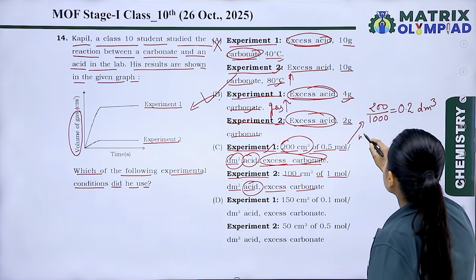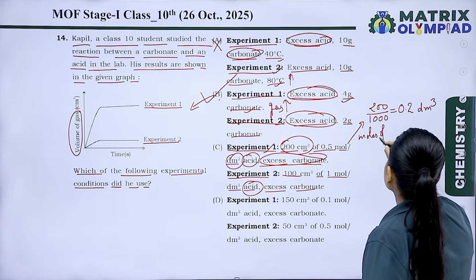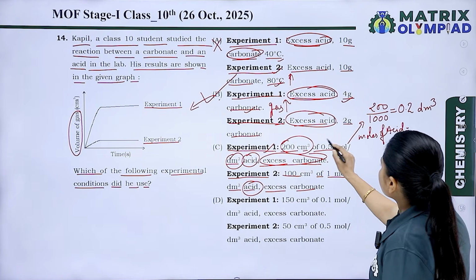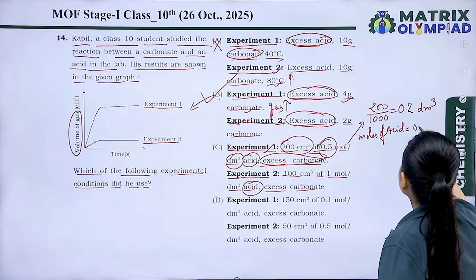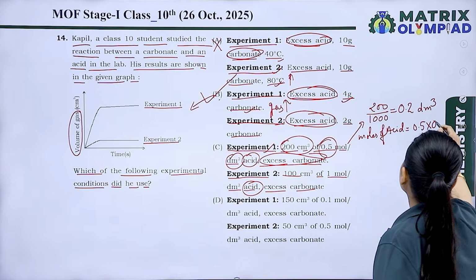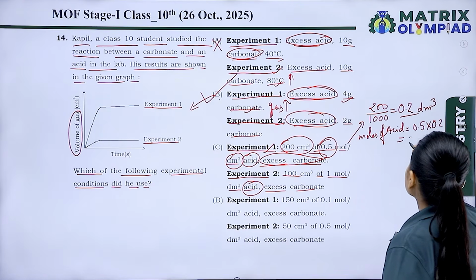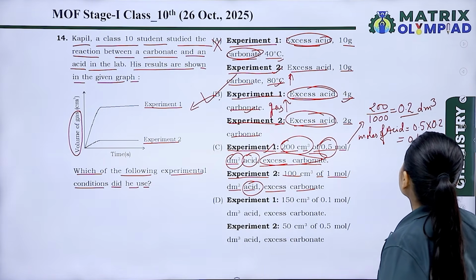Now the moles of acid can be calculated by multiplying the given concentration by the volume in decimeter cube, and we get 0.1 mole.